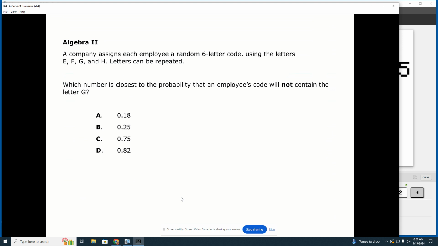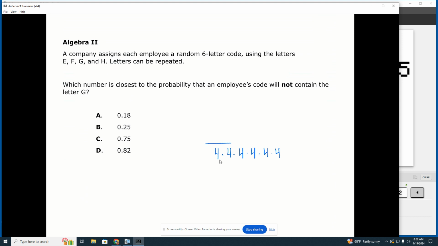You've got 6 letters, and each could be any of these 4. So technically, I would have 4 different possibilities for all 6 of these digits. That would be the total possibilities.